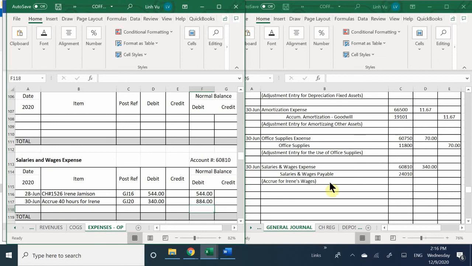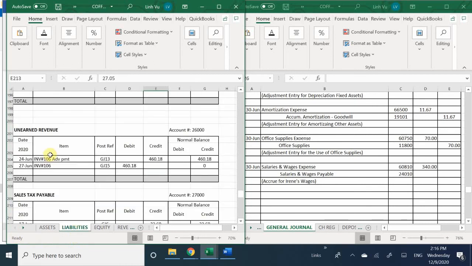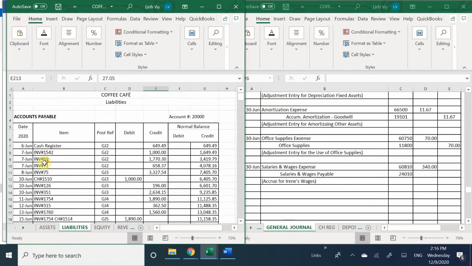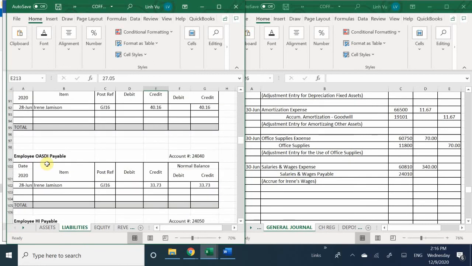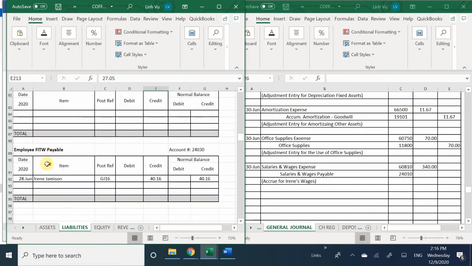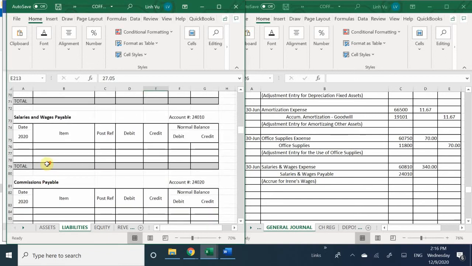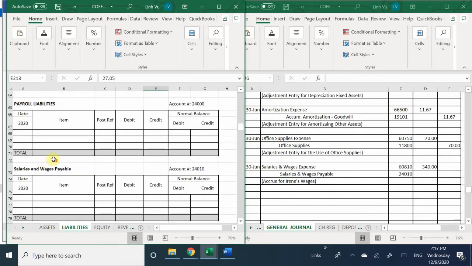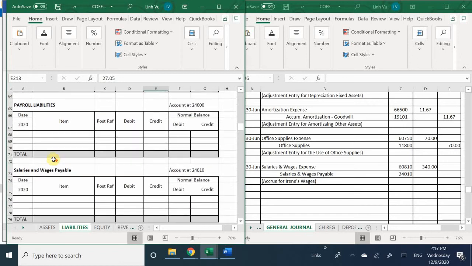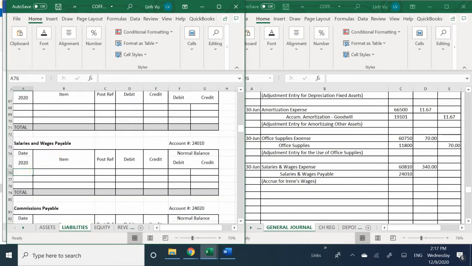Okay, for $884.84. And we're going to go to our liabilities, and we're going to add that under salaries and wages payable, which is right under the payroll liabilities. So here it is, 630.